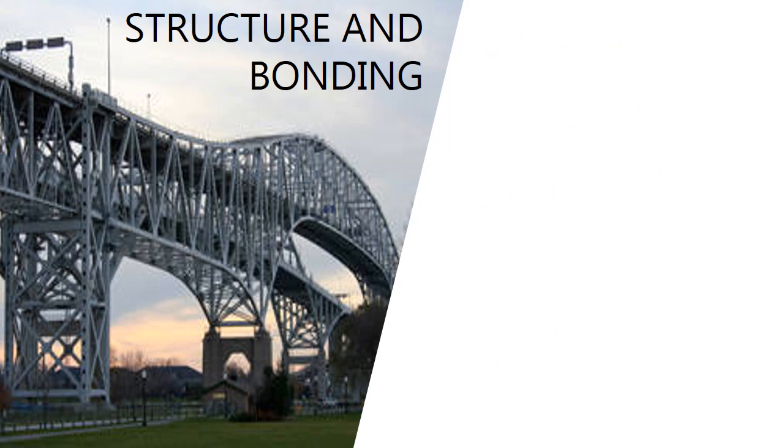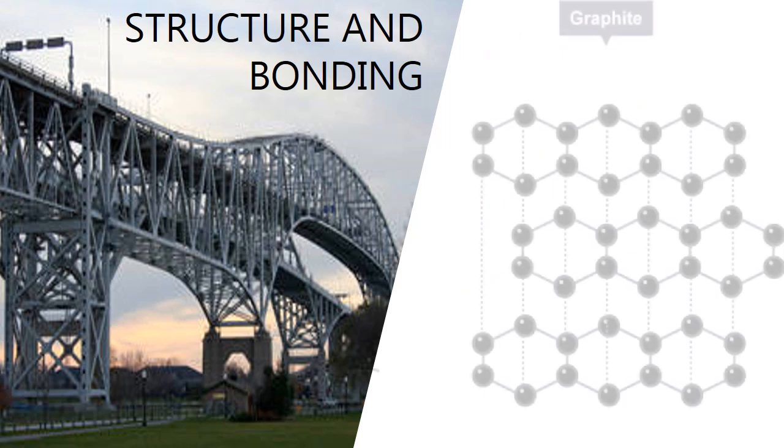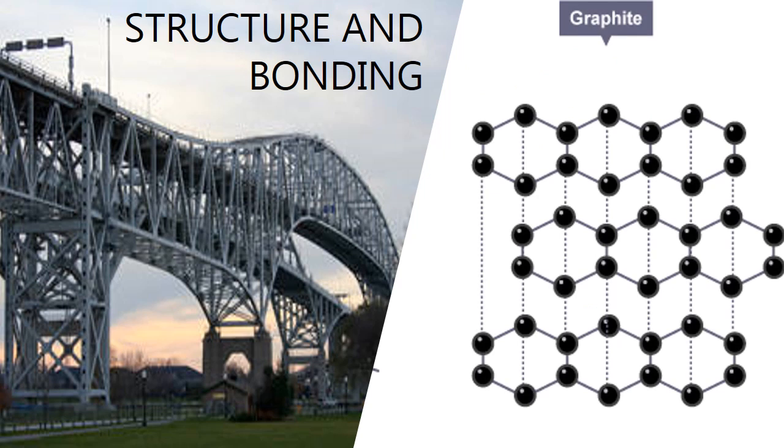For example, here is a diagram representing the structure of graphite, whereby the round black dots represent the atoms, while these lines represent the bonds.